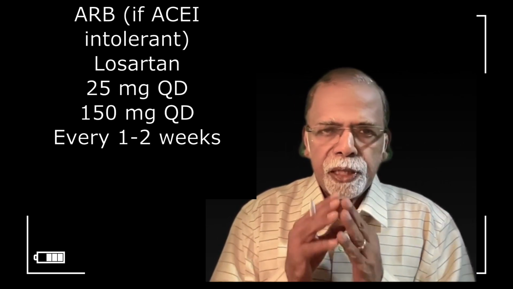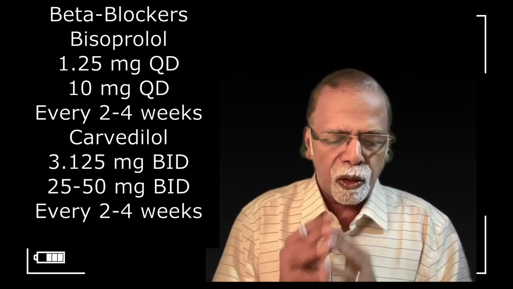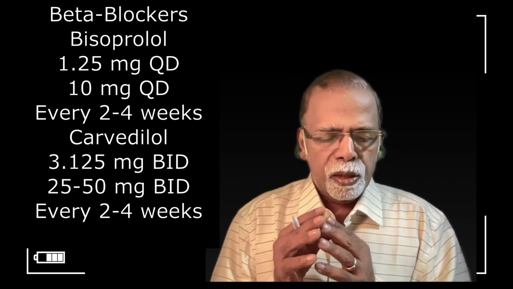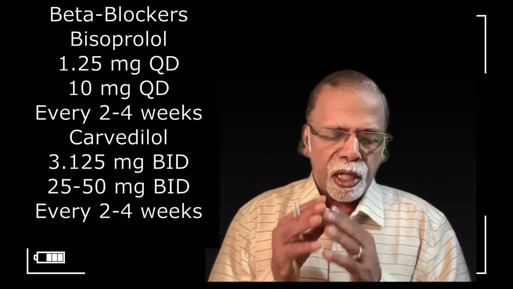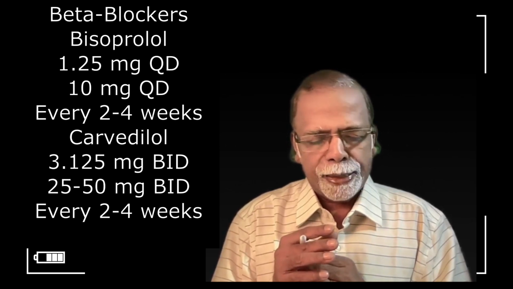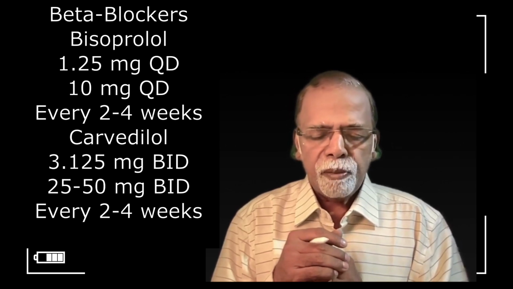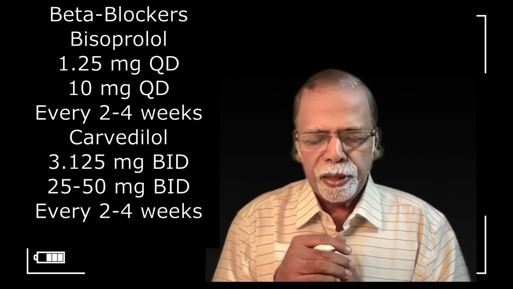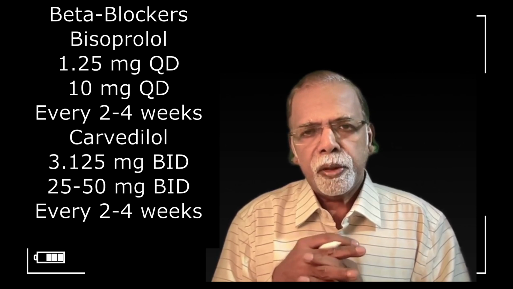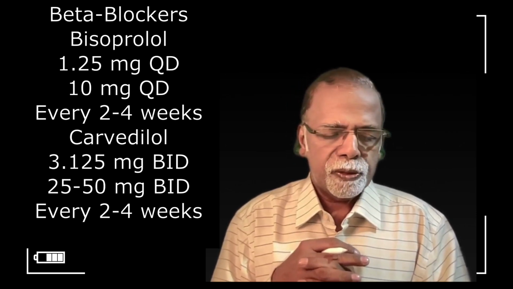The second drug is the beta blocker. The usual drugs are bisoprolol, carvedilol or metoprolol succinate. Bisoprolol is given 1.25 milligrams daily, step up to 10 milligram. Again, it is done over 1 to 2 weeks.